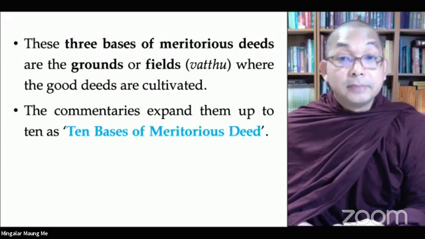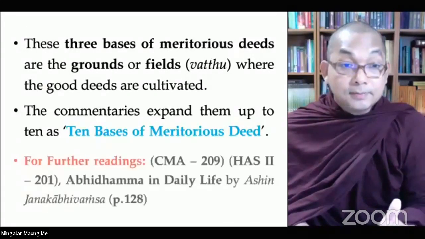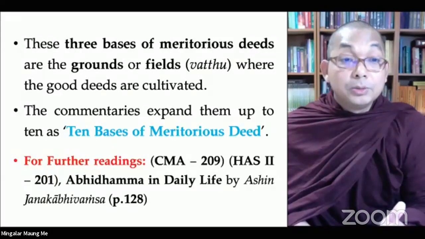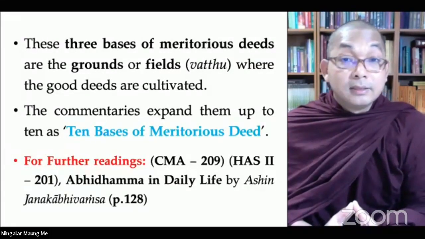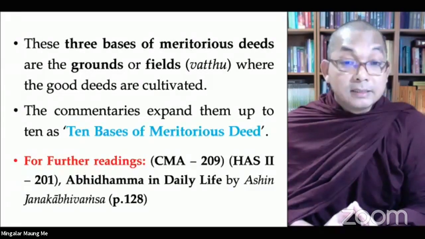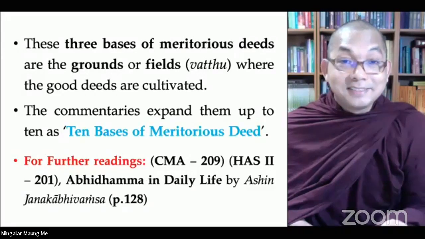These tens are mentioned in the commentary. If you want to know, you can read. I have given the page numbers. After my lessons, I will send my notes to you. So these are the pages. Then you can go and read. Three places are more than enough.